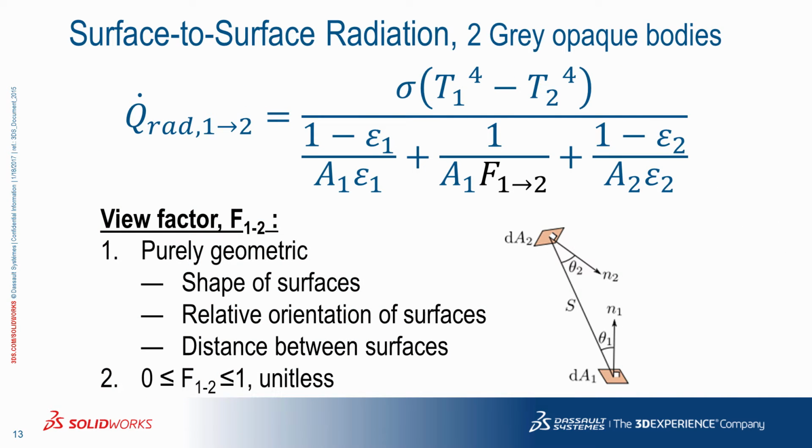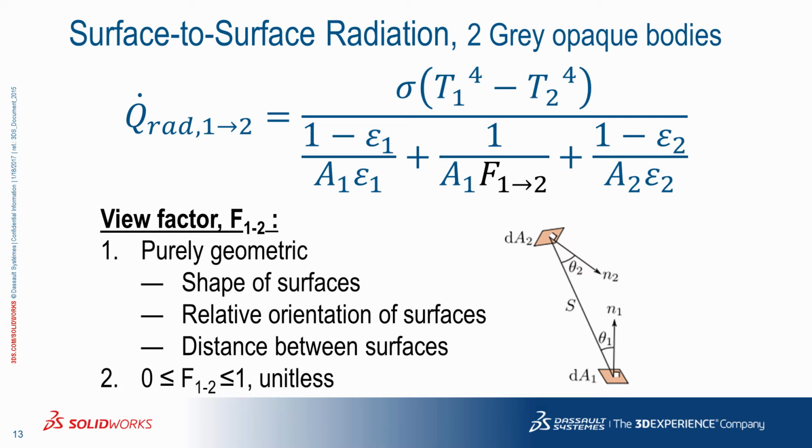We can also have radiation between two bodies, which is called surface-to-surface radiation, which is defined by the equation you see on the screen for two gray opaque bodies, where it's moving from body 1 to body 2, and you see all the same quantities except for the introduction of F, which is the view factor. The view factor is a purely geometric value which defines how much one body can see another.